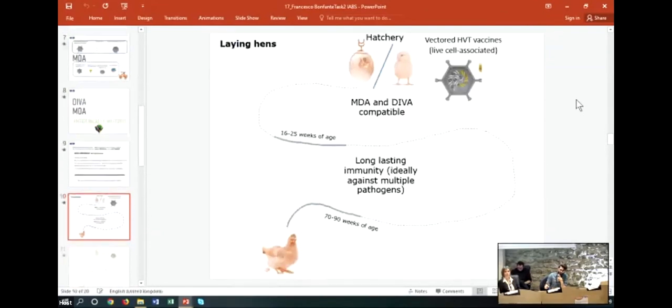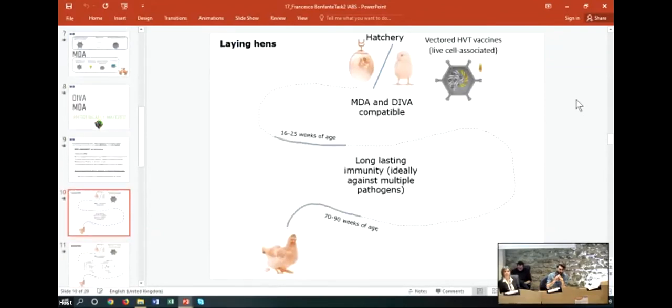So now I will go through 4 examples, case in points, just trying to recapitulate all of these concepts. And I'm sorry the animations are not here, but you will go through with me. And basically, let's start with the laying hens.